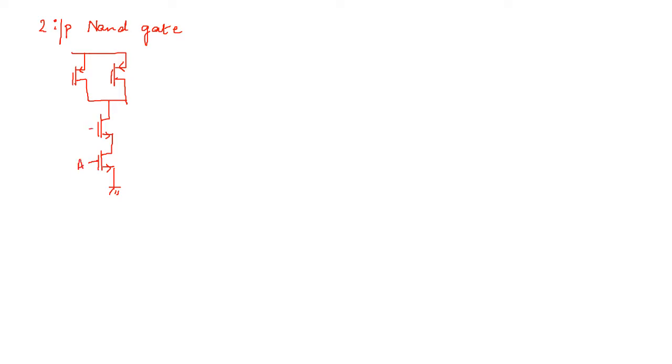This is A and this is B, this is A and this is B. So now we'll have to size these transistors, the NMOS and the PMOS, such that the resistance of each of these branches during the worst case charging and discharging times is equal to R. So in case of the PMOS, the worst case will be when any one of these transistors is on. Therefore, in order to get the resistance equal to R, we size both these transistors equal to 2.